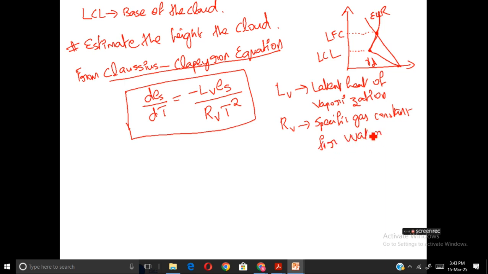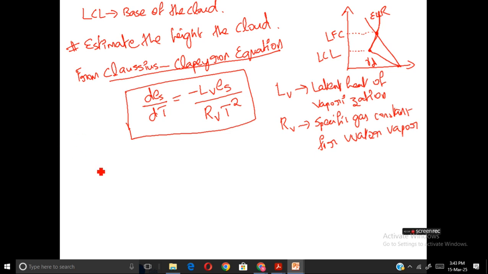It has a value of around 461 for water vapor. Then Es is the saturation vapor pressure, T is the temperature.